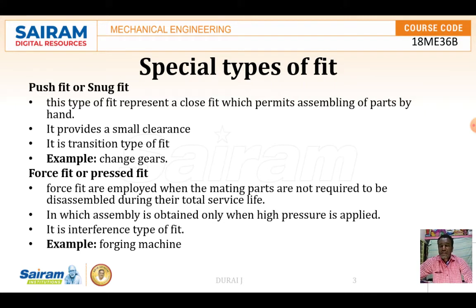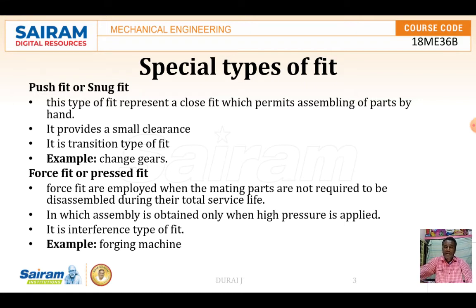The next one is the force fit or pressed fit. In the force fit, the mating part requires some force. That means the shaft diameter is larger than the hole diameter.